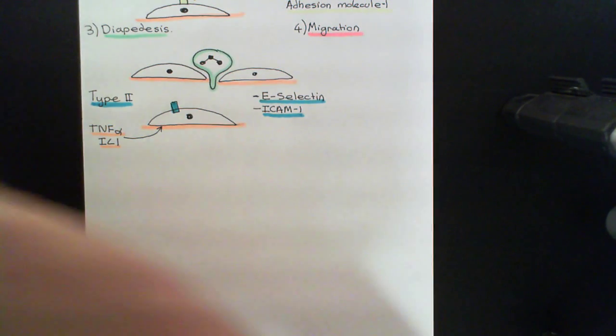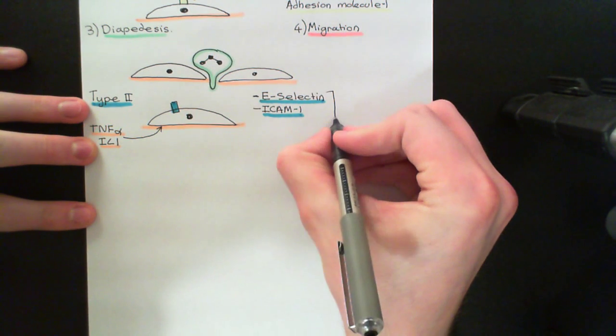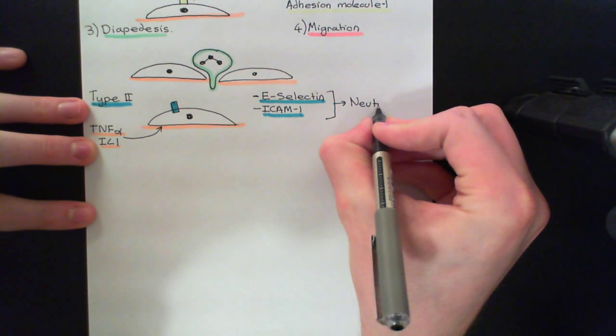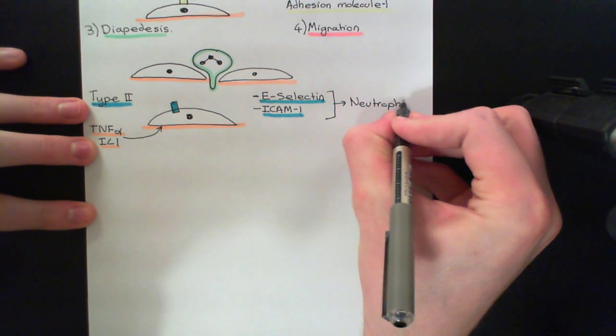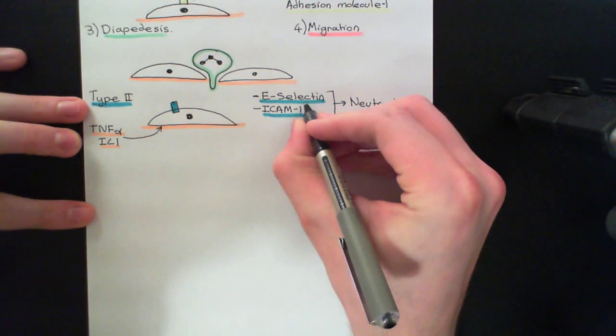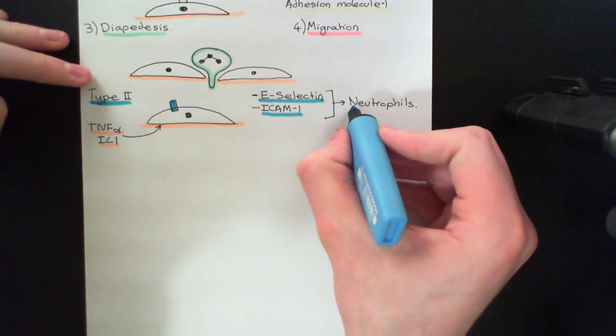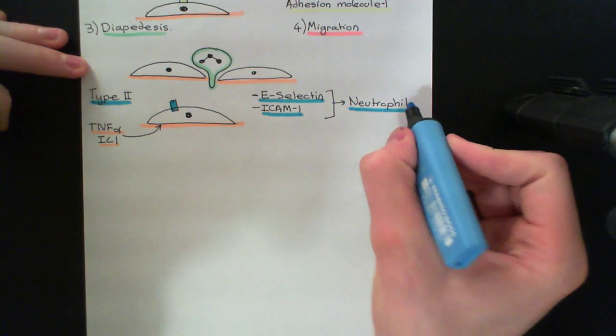This is the reason that type 2 activated endothelial cells are going to recruit far more neutrophils than type 1 activated endothelial cells, because we've bumped up the supply of the selectins and we have bumped up ICAM1 levels in the apical membrane of the endothelial cells.